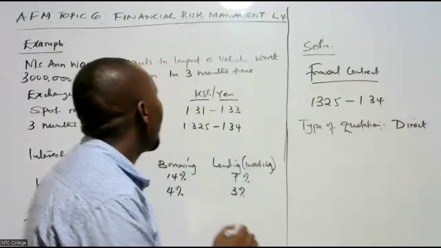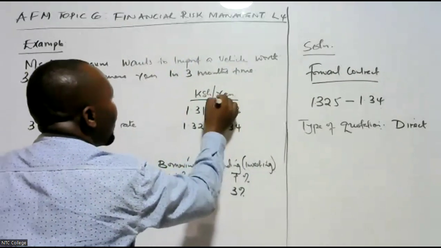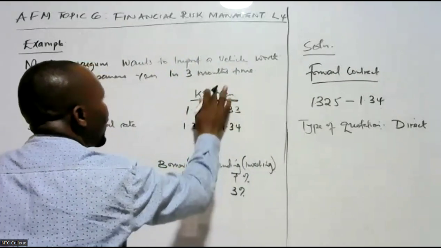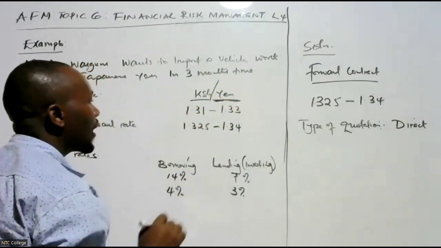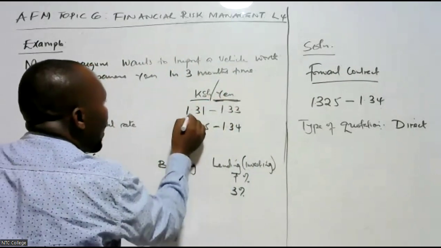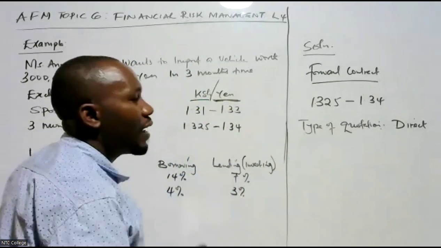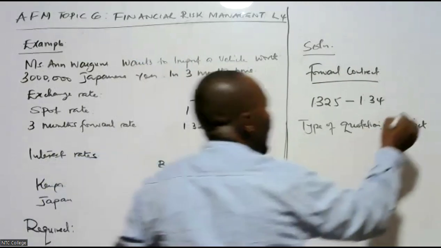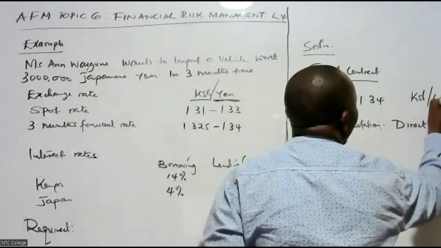In this case, they are saying Kenyan shillings per 1 unit. So the one currency is the yen. Yen is the one currency. That is why it's saying per. So it means that we have 1.32 per yen. So this rate looks like that. So we have Kenyan shillings per 1 yen.